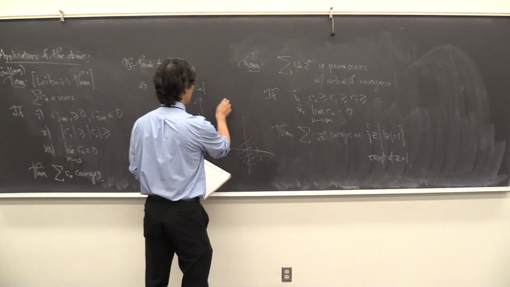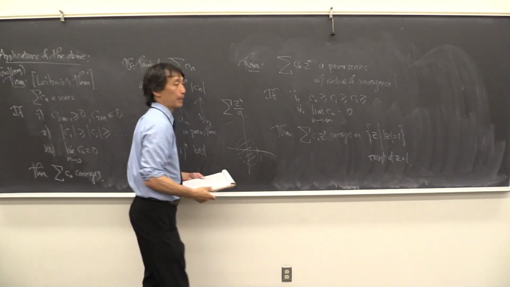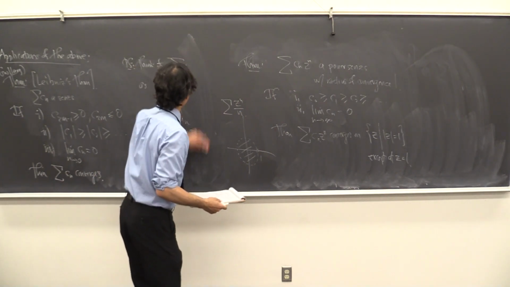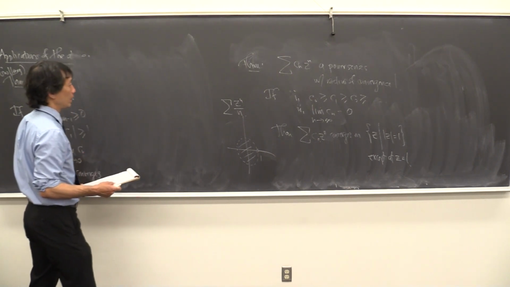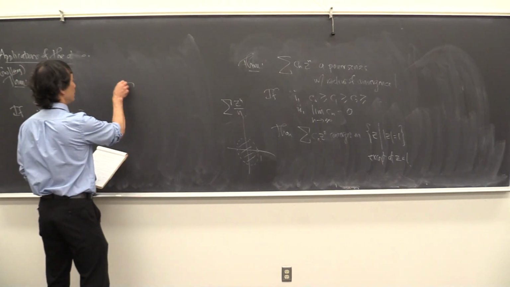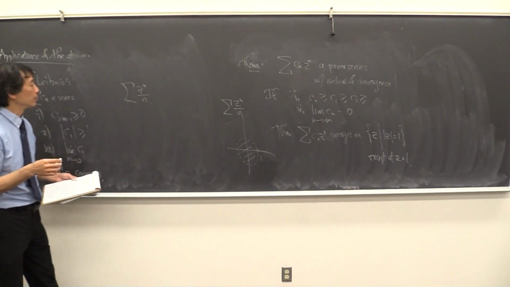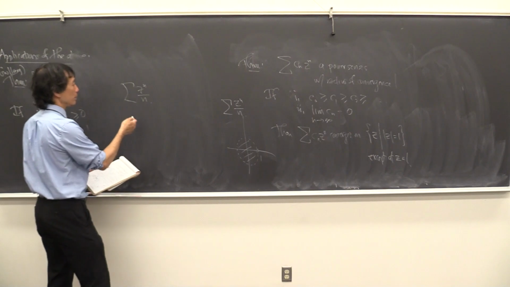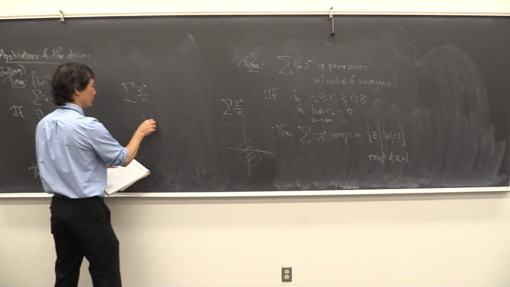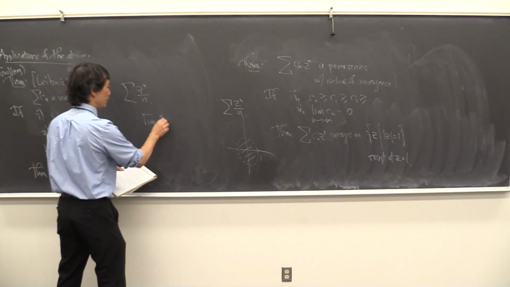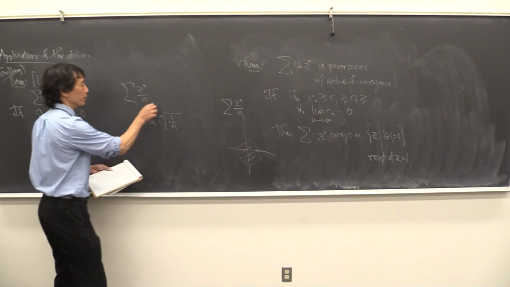So for example, if we consider the summation of z to the n over n. Remember how you get the radius of convergence: you look at the lim sup of the nth root of the nth coefficient, and you take 1 over that.